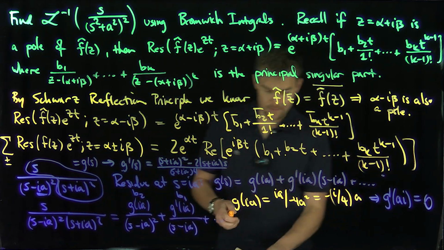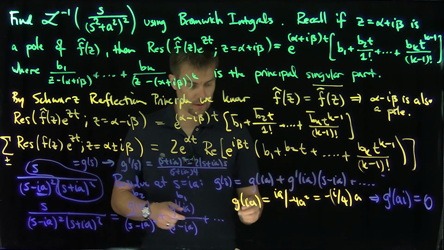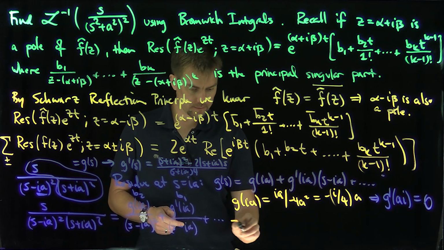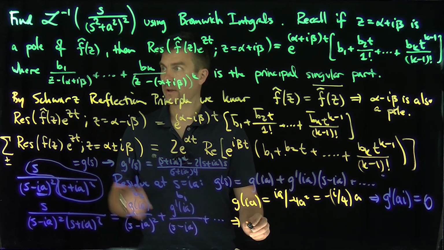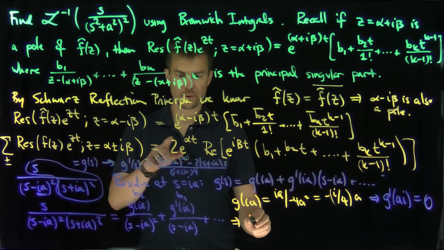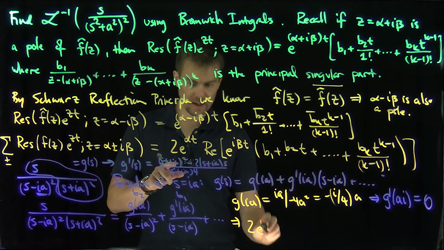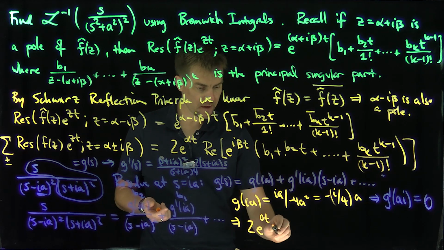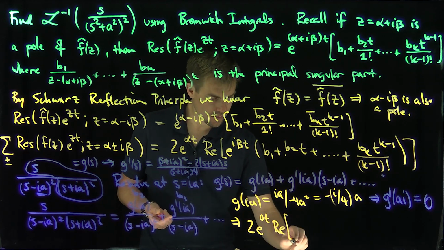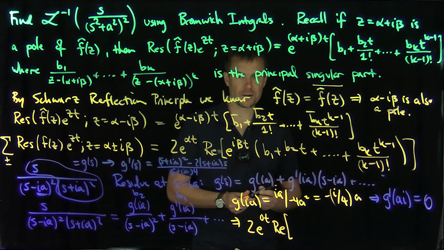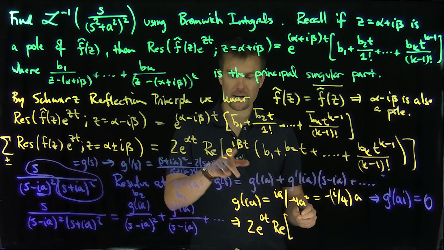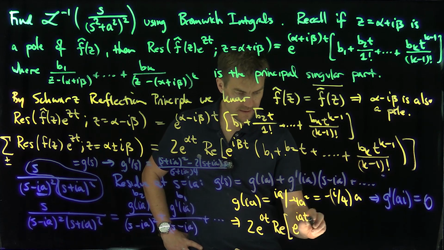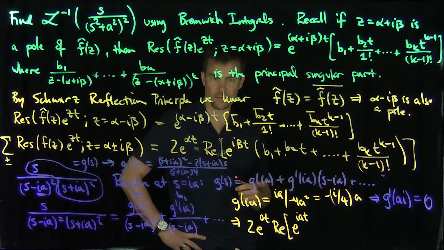Good. And so now we're in the position to find the inverse Laplace transform, because now what do I have over here? We're going to have a 2. We're going to have an e to the what? My alpha is 0 over here, 0t. Then I have the real part of e to the beta t, where beta is equal to IA, so it's going to be e to the IAt. That's my a over here.